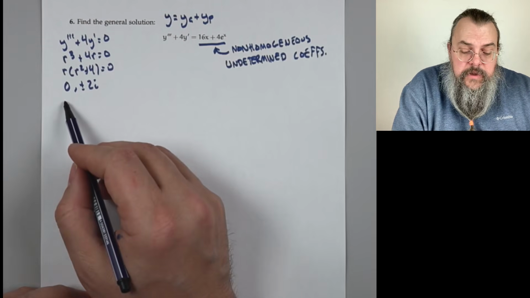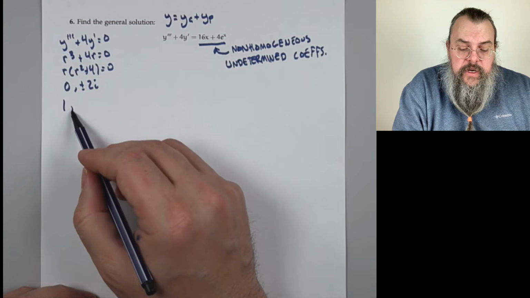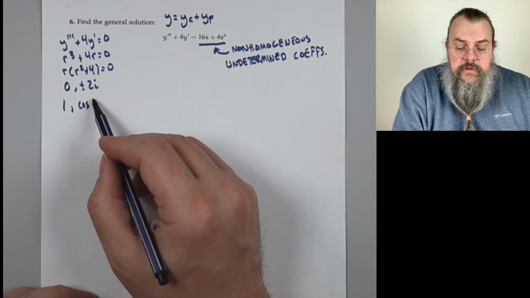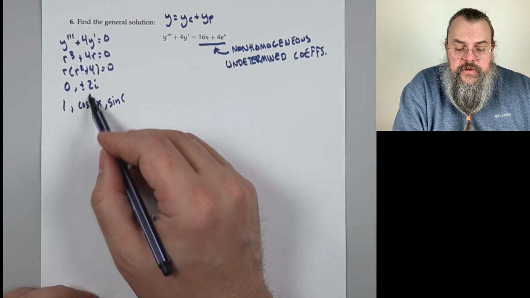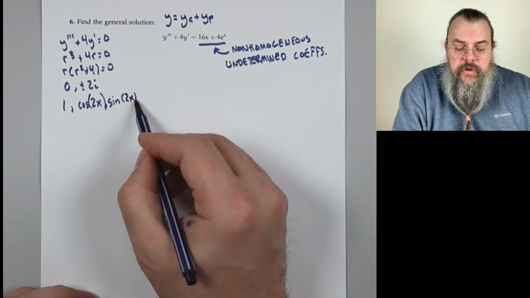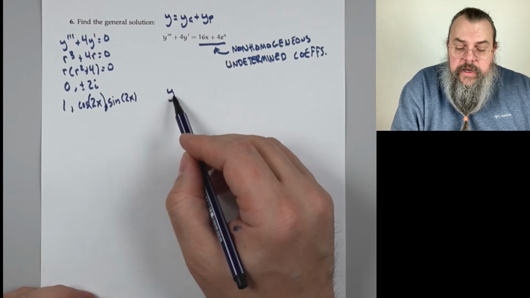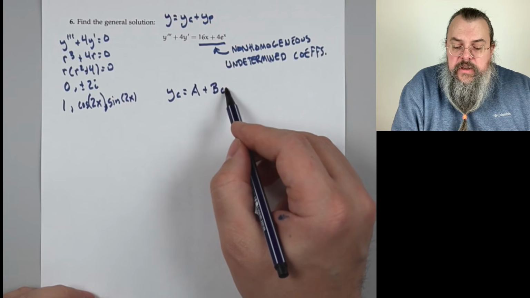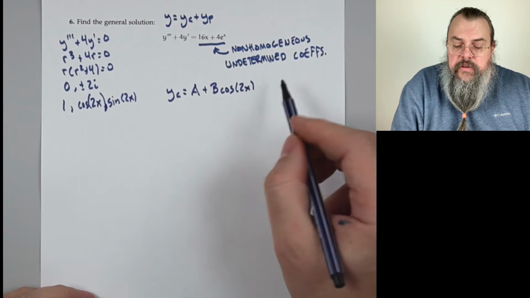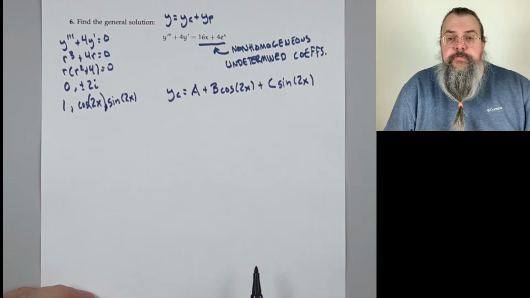Now 0 will lead to a solution of 1. 2i and minus 2i give you cosine of 2x and sine of 2x as your solutions. All right, so those are the parts of our homogeneous solution. So yc looks like a plus b cosine 2x plus c sine 2x.